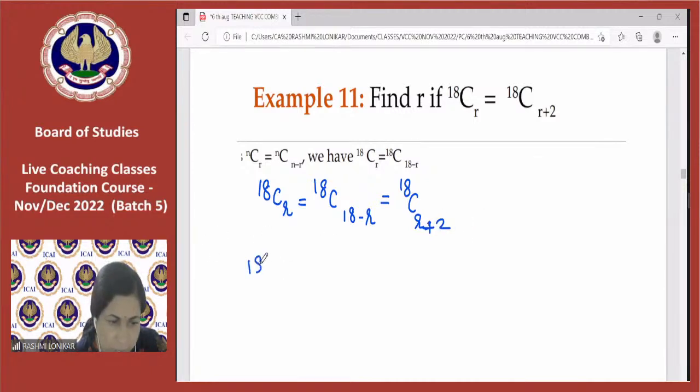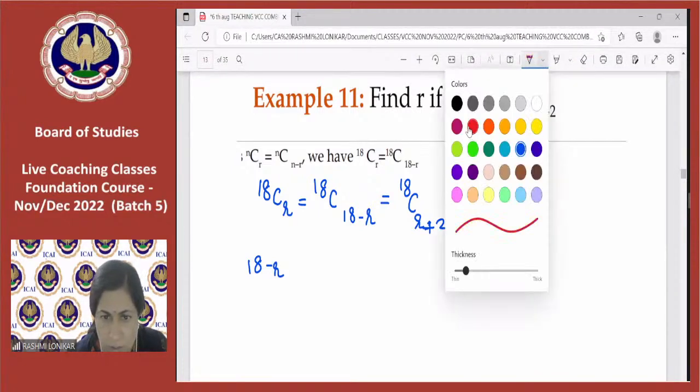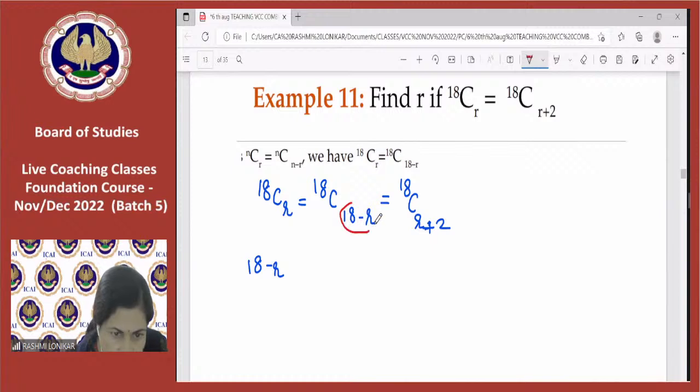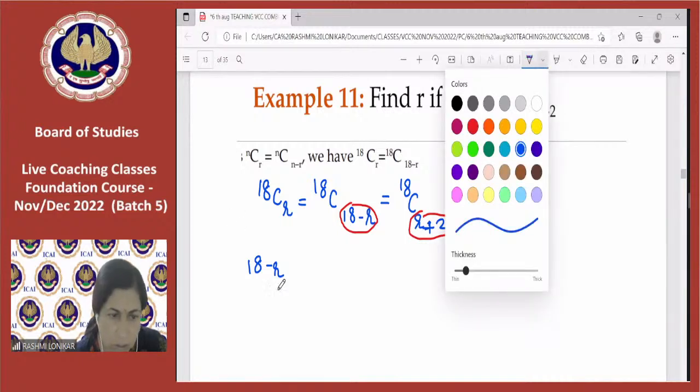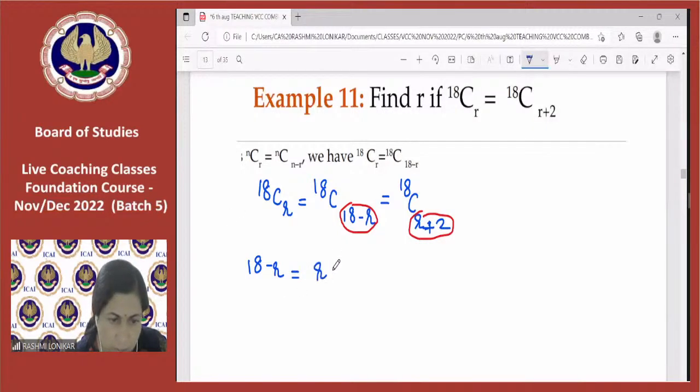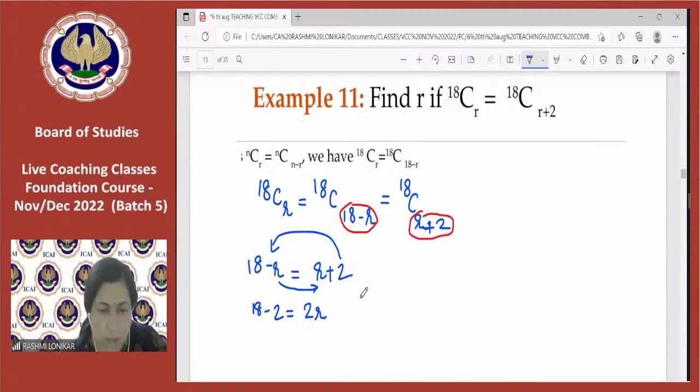We are equating 18 minus R to be equal to R plus 2. So I have 18 minus 2 because I take the plus 2 onto this side, it becomes minus 2, and I take the minus R here. So it will become 2R. So I have 2R to be equal to 16. R is equal to 8.